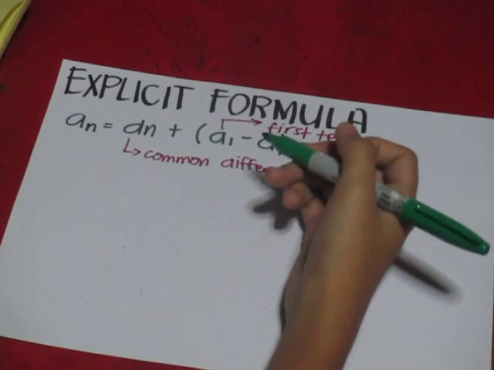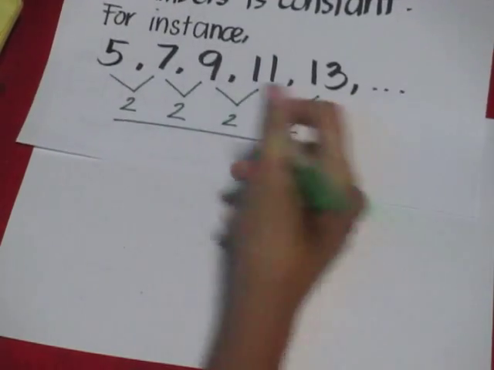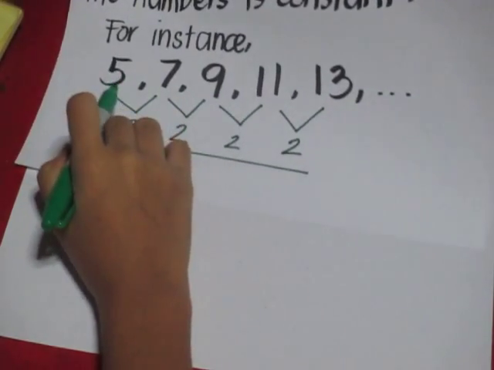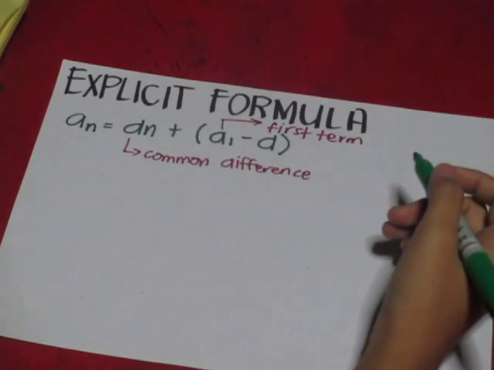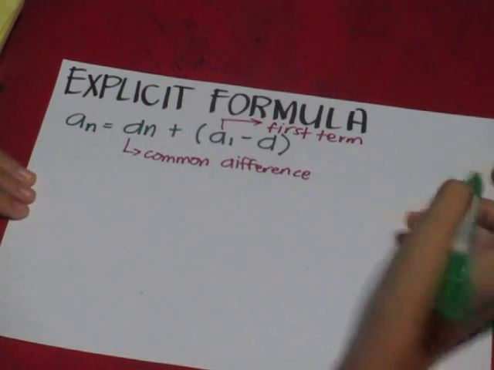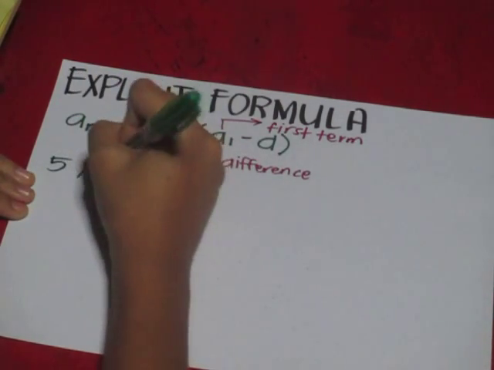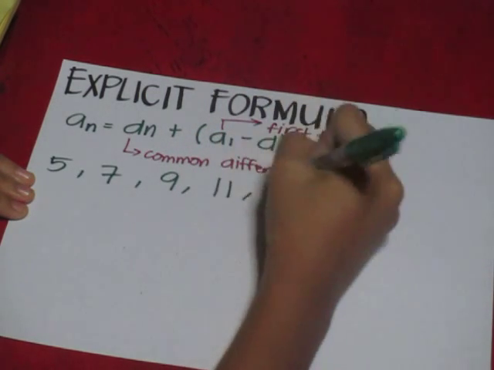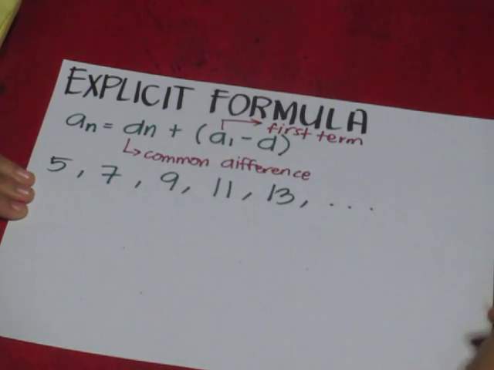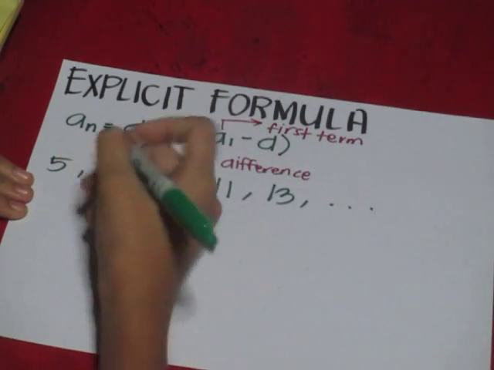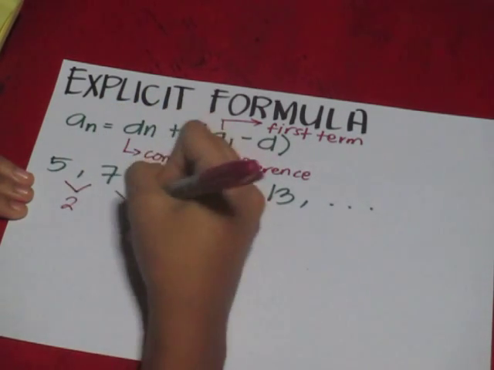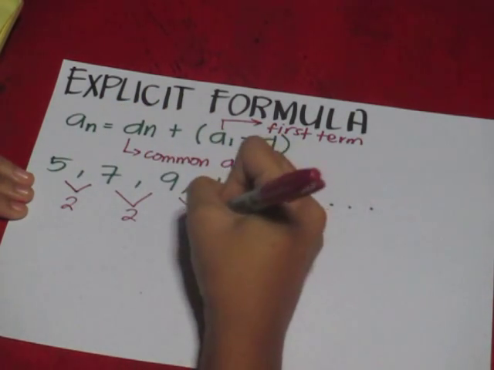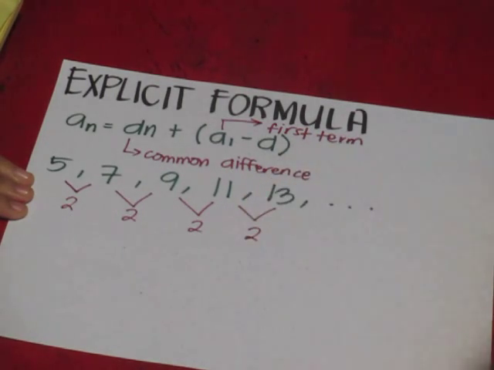So in our previous example, the arithmetic sequence of 5, 7, 9, 11, and 13, we're going to find its explicit formula. First we need to find the common difference. So our common difference is 7 minus 5, 2; 9 minus 7, 2; 11 minus 9, 2; 13 minus 11 is 2.